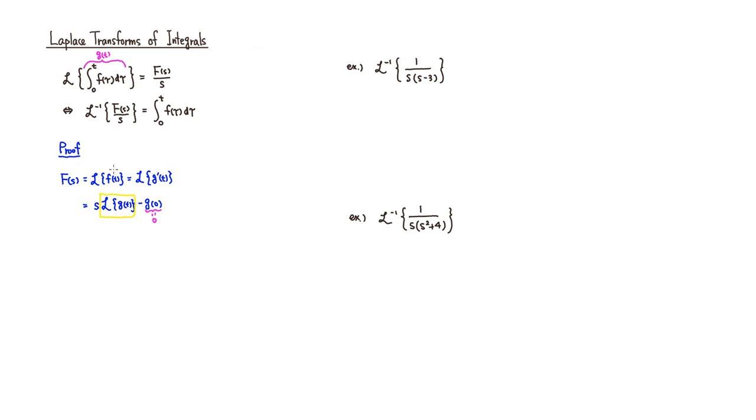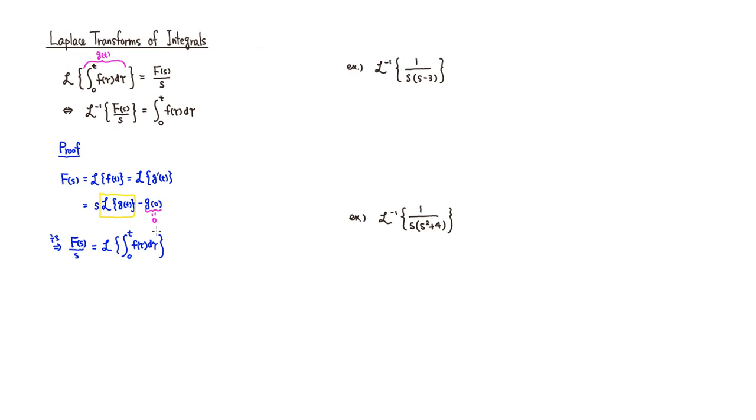That's the same thing as the left-hand side of the equation we are trying to prove. So all we have to do is divide through by s, then we're there, because capital F of s divided by s is the same thing as the Laplace transform of g of t, which is the integral from 0 to t of f of tau d tau.